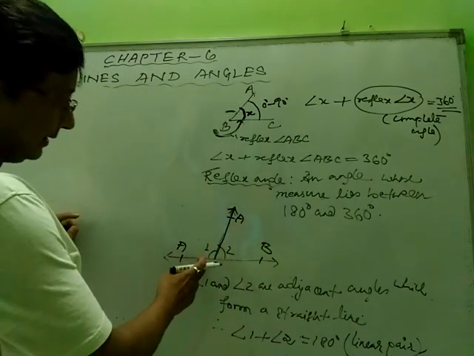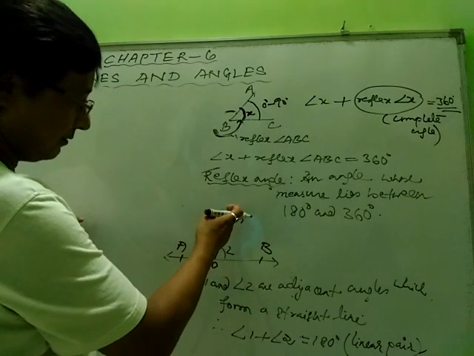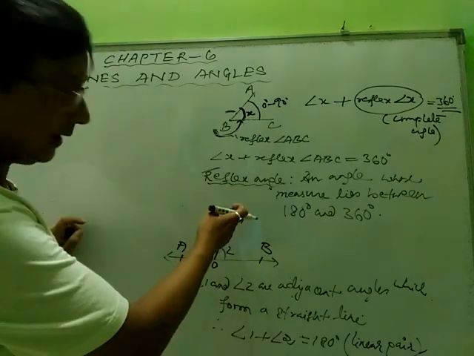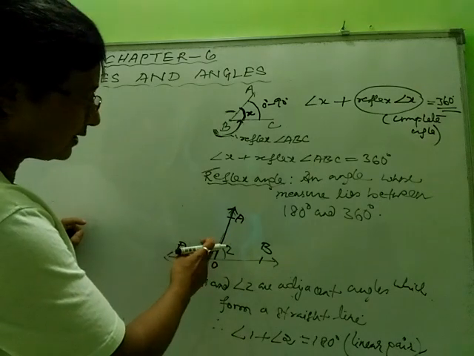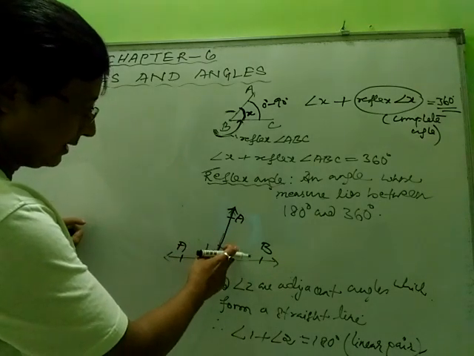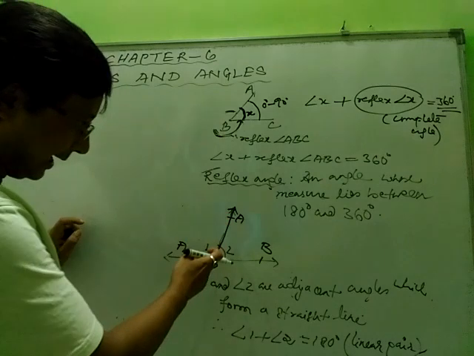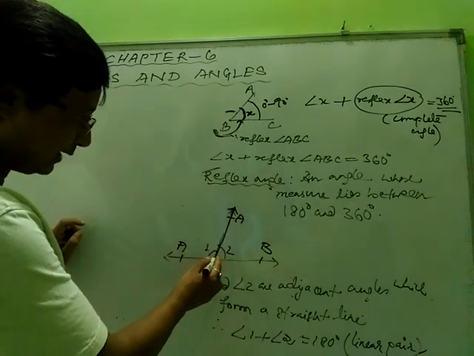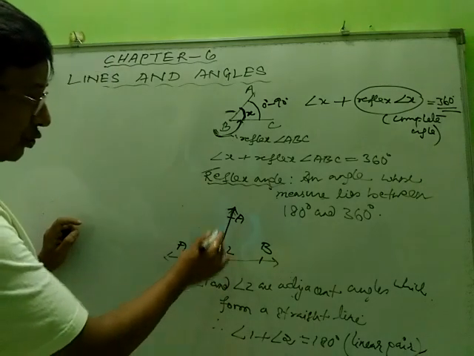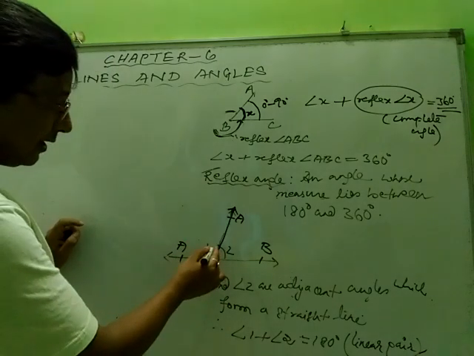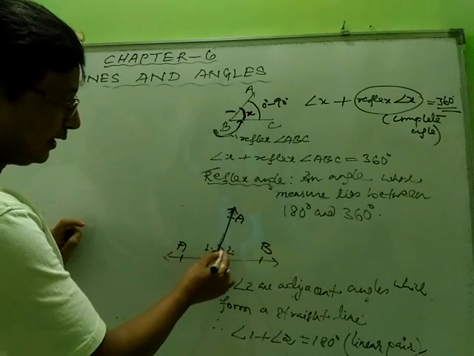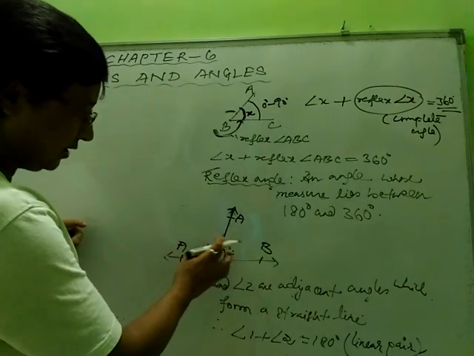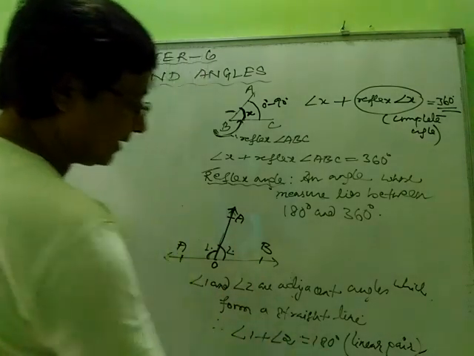Now this is the straight line, and by giving one ray through O, you have got two adjacent angles, because they have a common arm and the common vertex. This common arm divides the angle into two parts, 1 and 2. Now if you join these two angles, you will get the total sum 180 degrees.